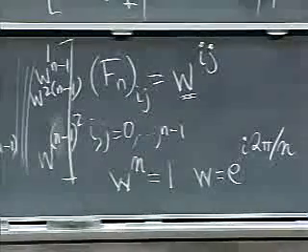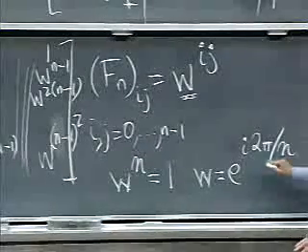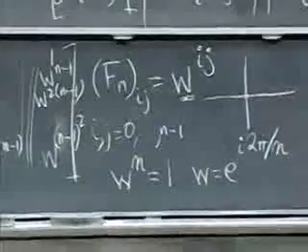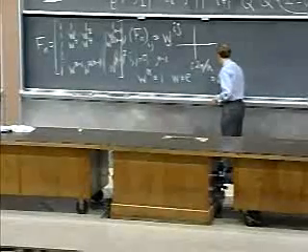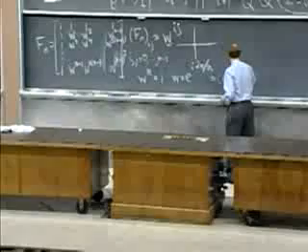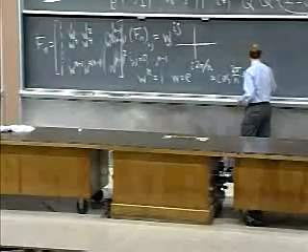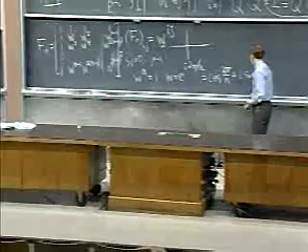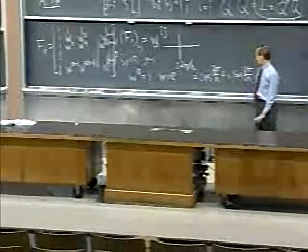Right. Where is this w in the complex plane? It's on the unit circle, right? It's the cosine of 2 pi over n plus i times the sine of 2 pi over n. But actually, forget this.